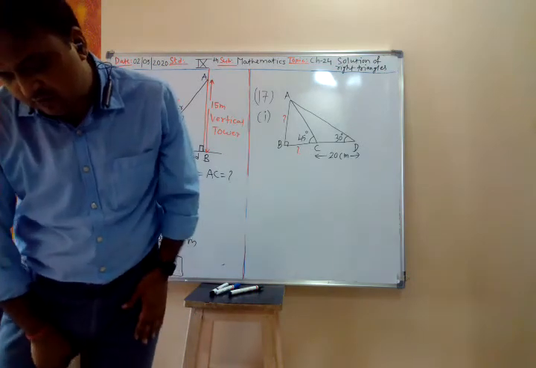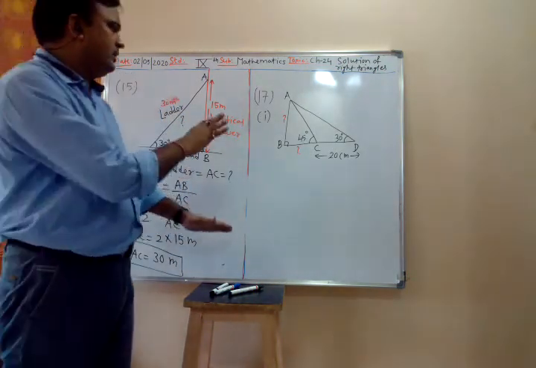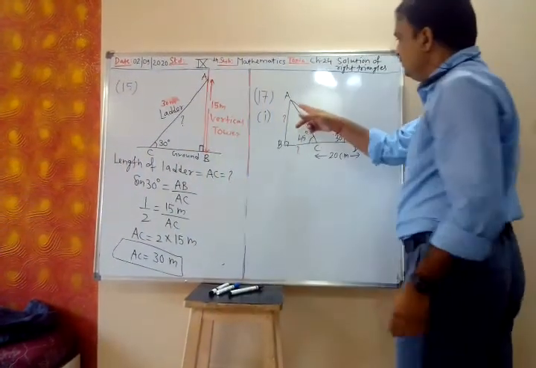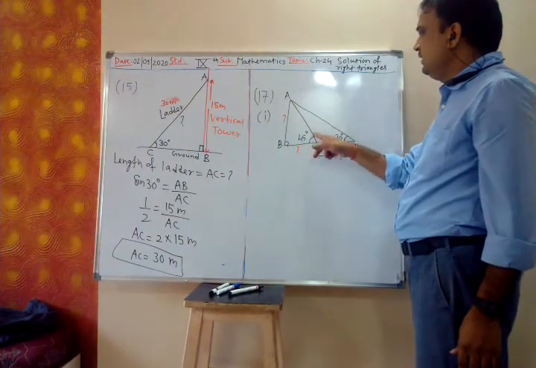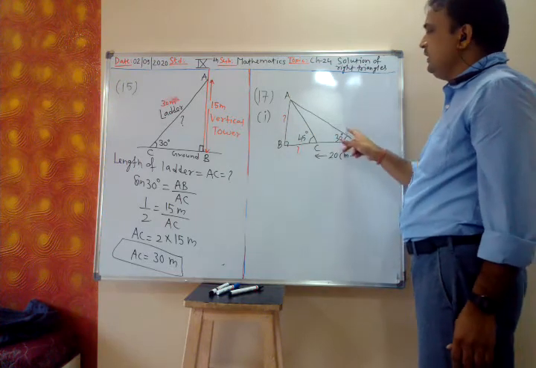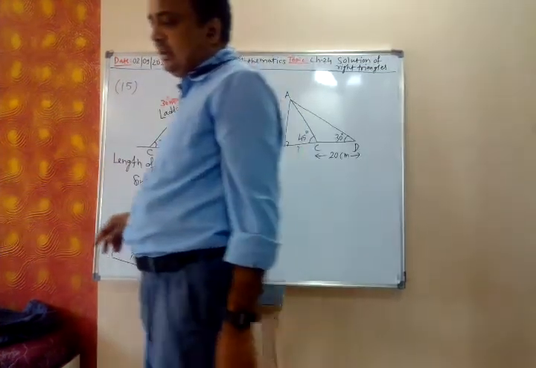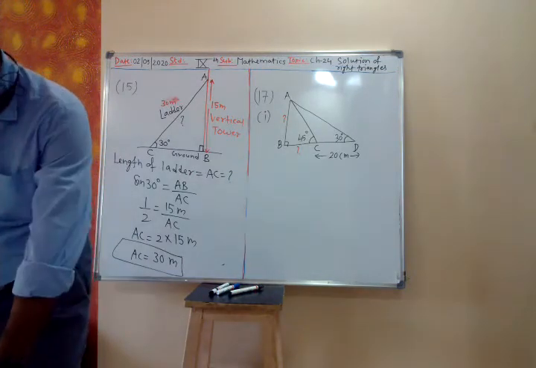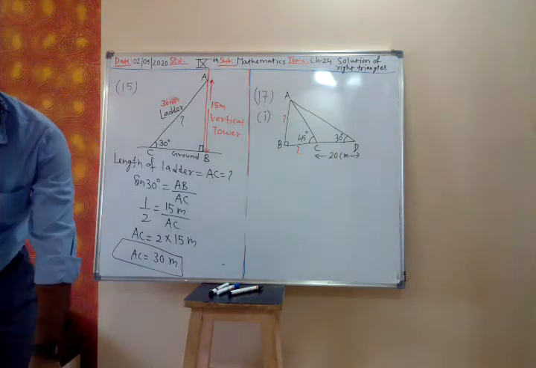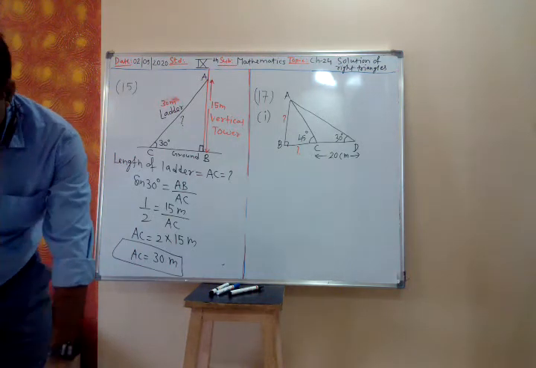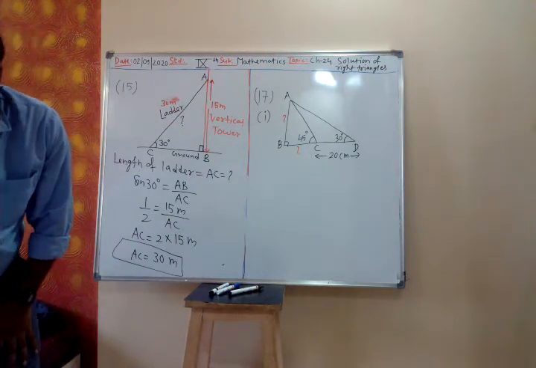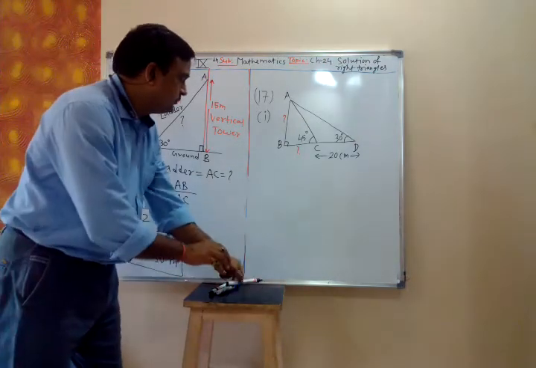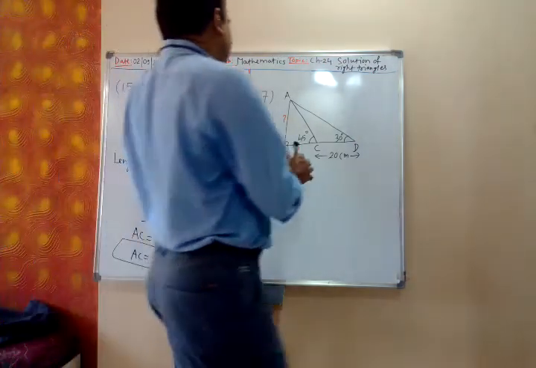There are two right angle triangles, ABC and ABD. Are you getting? So let us solve them. See here.